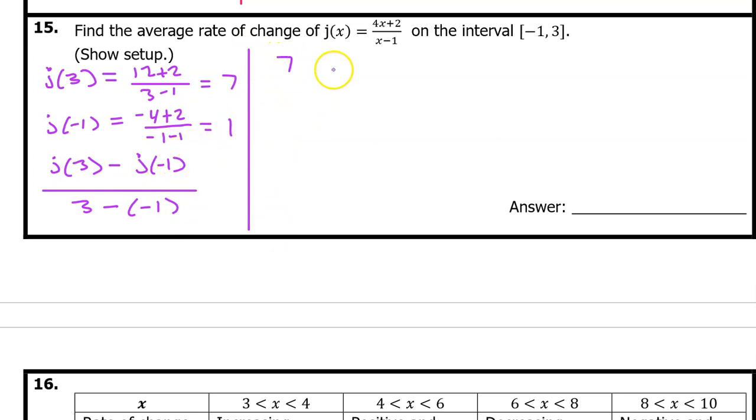So that's going to be 7 minus 1. 3 minus negative 1 is the same as 3 plus 1. So that is going to be 6 over 4. So the average rate of change is 3 over 2.